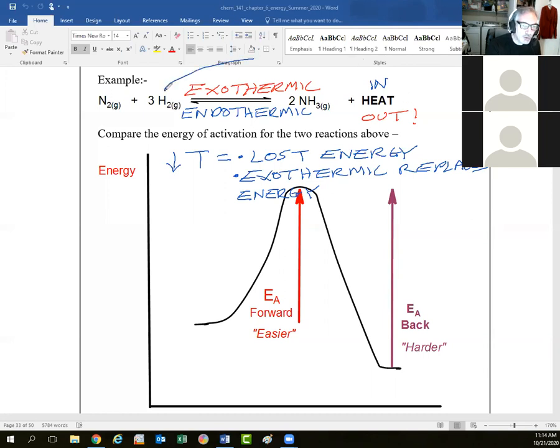That's still a movement from left to right. And that is the pathway for the exothermic reaction. So decreases in temperature favor the exothermic reaction. We can follow the exothermic reaction because exothermic reactions give out energy.